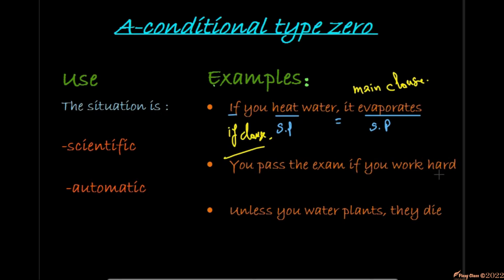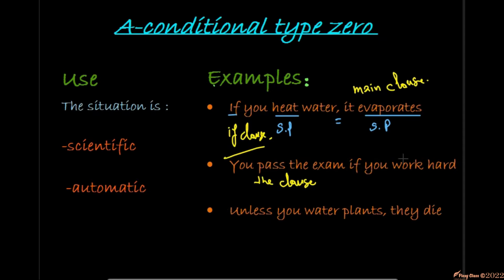You pass the exam if you work hard. Here we don't have a comma. Why? Because we began with the main clause. You pass the exam: this is the main clause, this is the result. We said the main clause contains the result. This is the if clause: if you work hard.